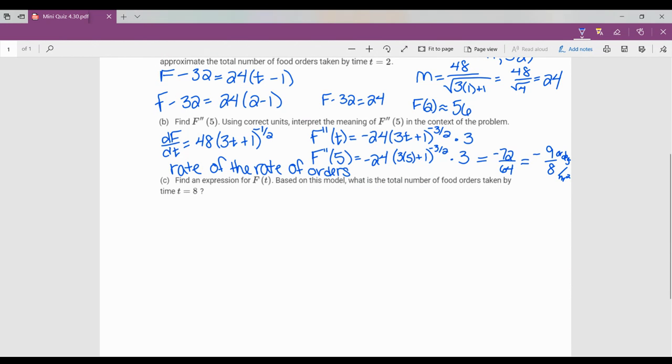All right, find an expression for f of t. If we're given the derivative, df dt equals, and I'm going to write it as 48 times 3t plus 1 to the negative 1/2. If I'm given the derivative, I need to find the antiderivative. All right, so I'm going to multiply by dt.